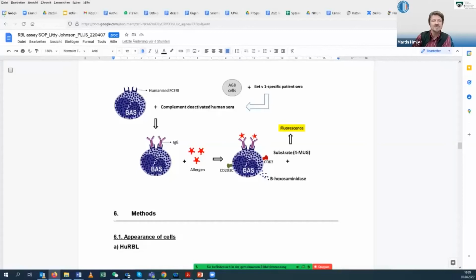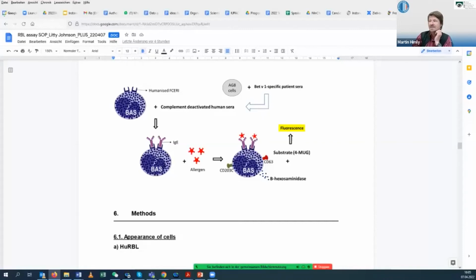So you need, in parallel, to run a viability assay on these cells. You also need to take care that there may be complement in some of these sera. So what we do is a pre-incubation with another cell type, these AG8 cells, to inhibit the complement system, which might have an impact and lead to a false negative result.